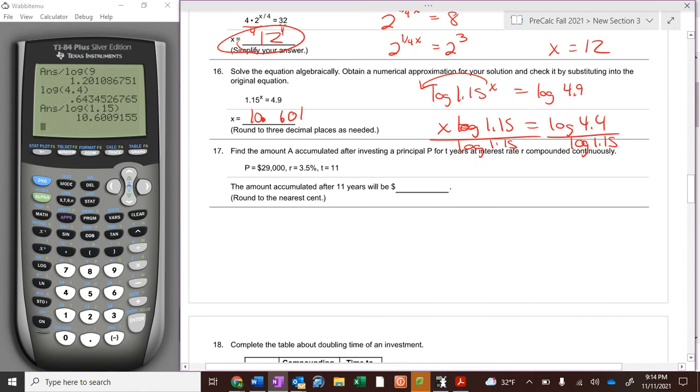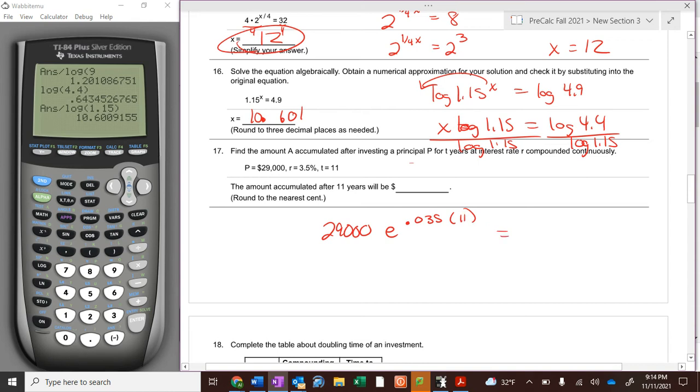Okay. Find the amount accumulated after investing the principal P for t years at an interest rate r compounded continuously. If it's compounded continuously, it's the e. So you take 29,000 times e to the rt, 0.035 times 11.